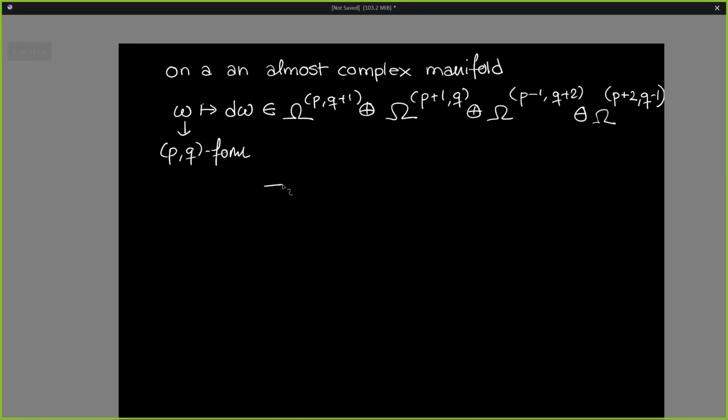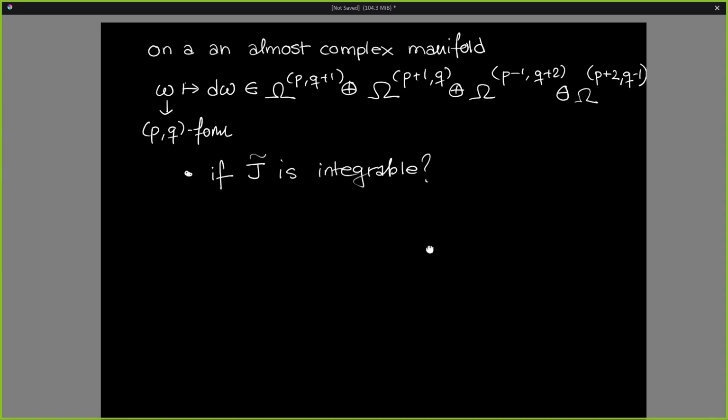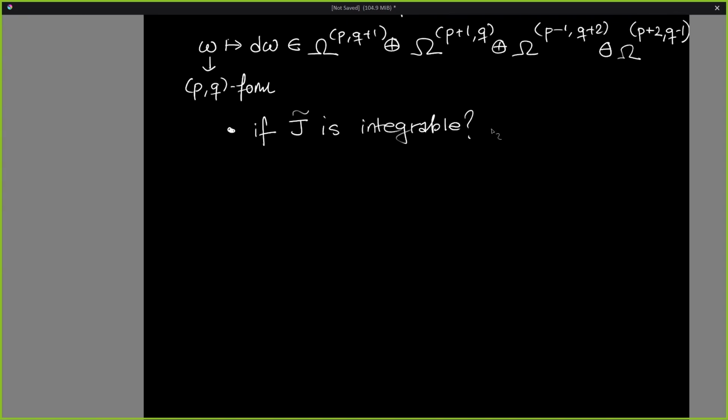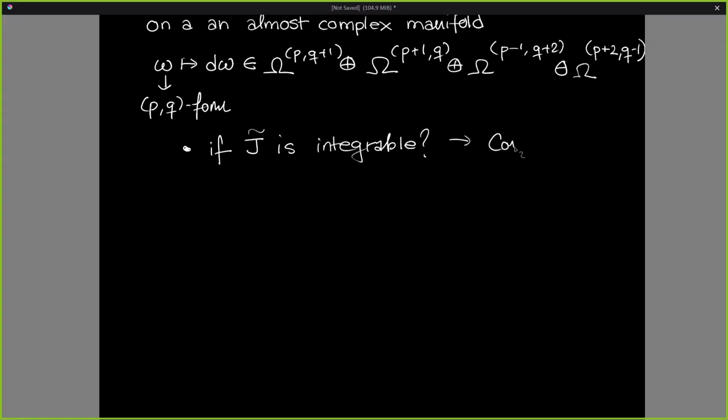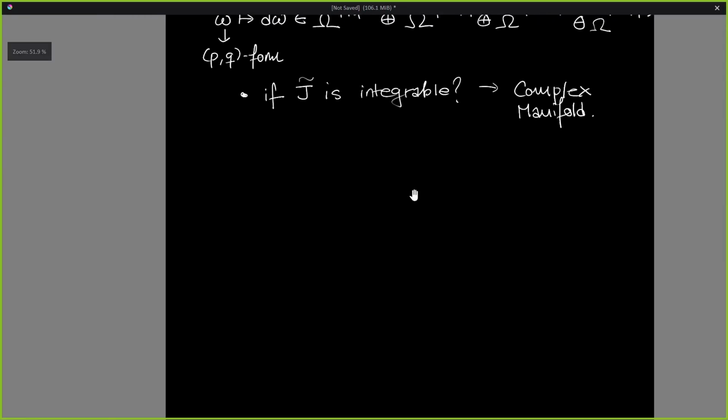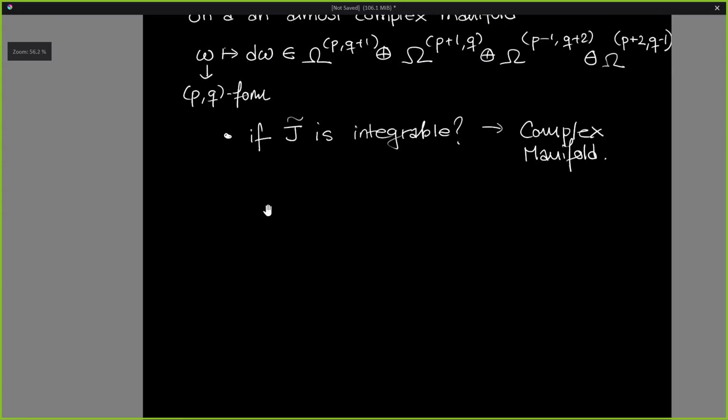So what happens when J twiddle is integrable? If J twiddle is integrable, then we actually have a complex manifold, right? That's what we figured out in lecture 5. So let's decompose d.